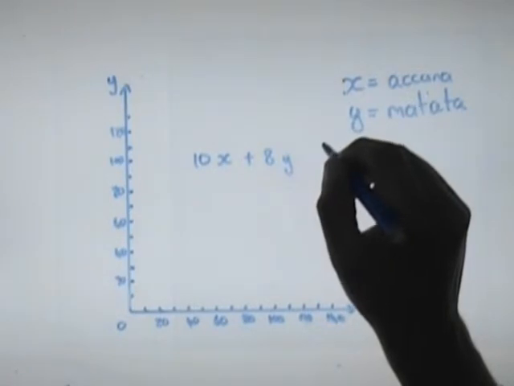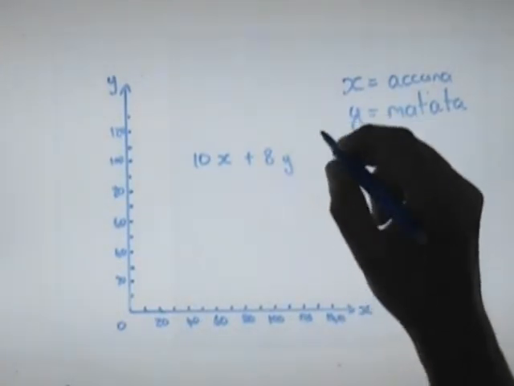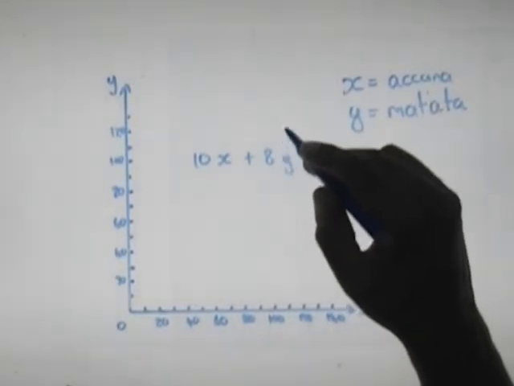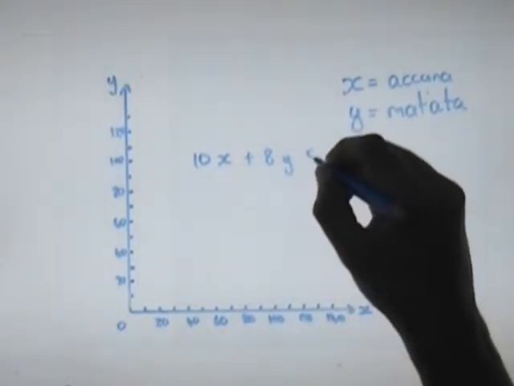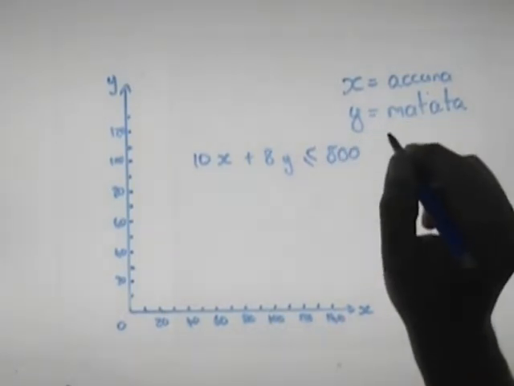But in the third line, you'll notice that they say the manufacturing department has a maximum of 800 hours. That means that 10 hours for Akuna plus 8 hours for each Matata must be less than or equal to 800.